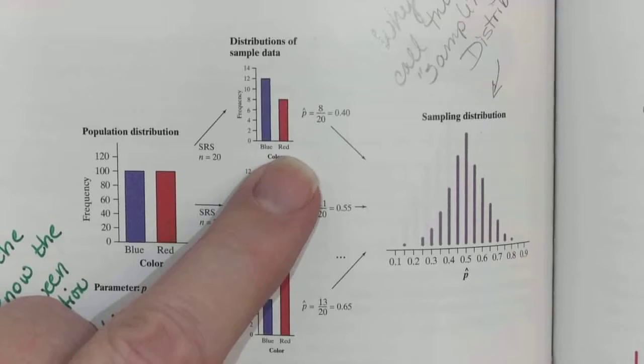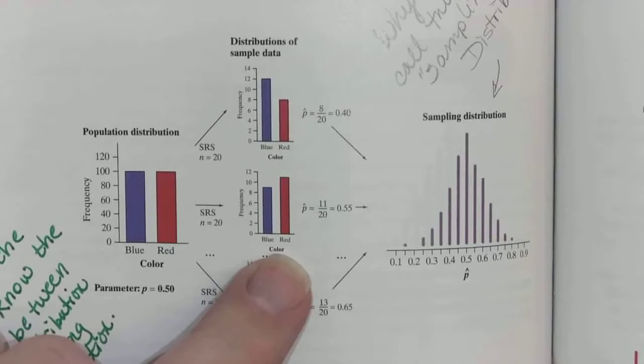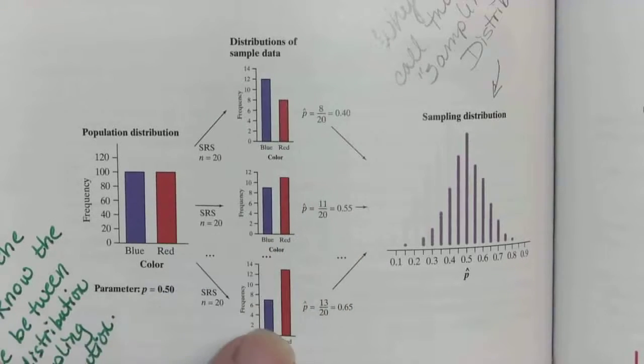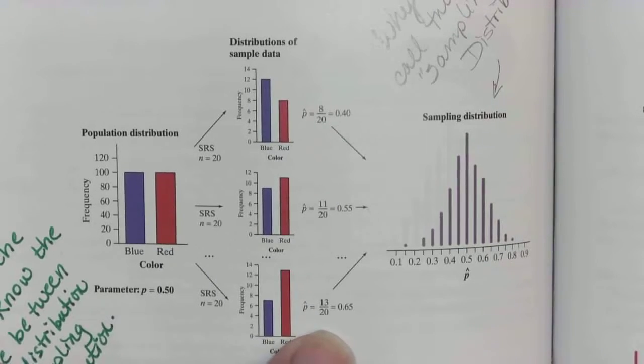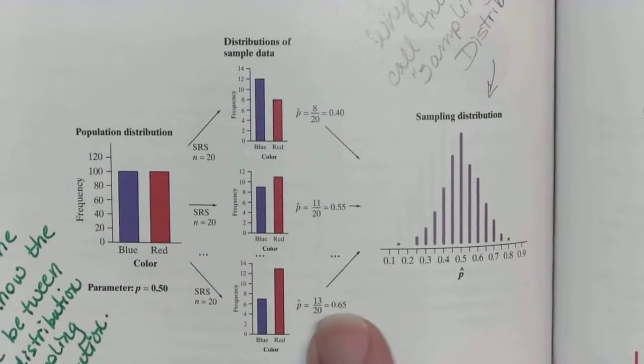So they had 8 out of 20 were red, like Seth's were, so we could say that's Seth's. And here, 11 out of 20 were red, and here 13 out of 20 were red. And that was yours, right? 13 out of 20? Wow, we hit that one. That one's Seth's, that one's Dahana's. Cool.